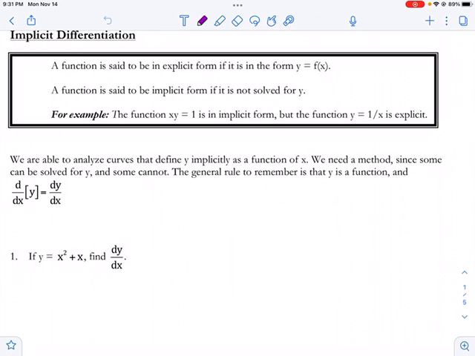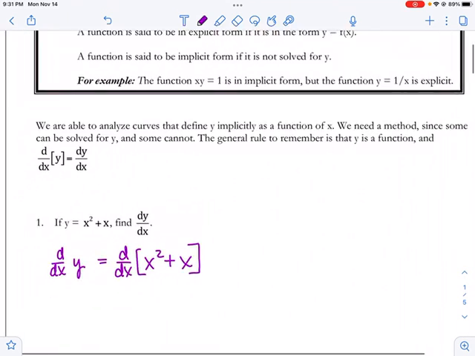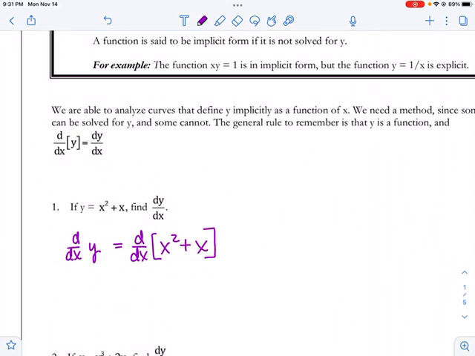So keep in mind that when you take the derivative implicitly of the equation y is equal to x squared plus x, you're taking the derivative of x on the right-hand side, but on the left-hand side, you're taking the derivative of y.